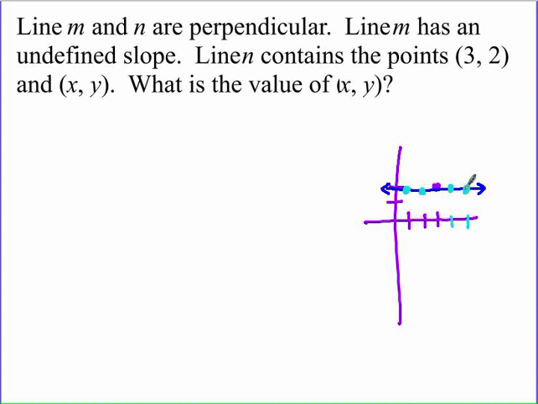You know that x, first of all, can be anything. So x is any number. What does y have to be? 2. So x is any number, and y has to be 2.